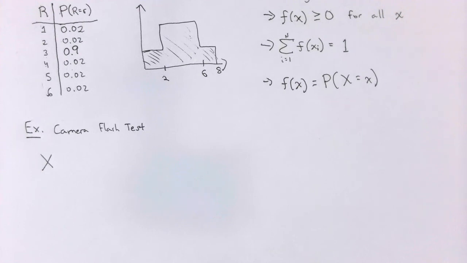The first question will be, is that a discrete random variable or a continuous random variable? The number of times the flash passed the test. In other words, the number of times the flash worked. Is that discrete or continuous? Discrete? Okay, good, because it's number of times, right? There's clear gaps. And let's say that you ran the test 3 times, right? You performed 3 tests.